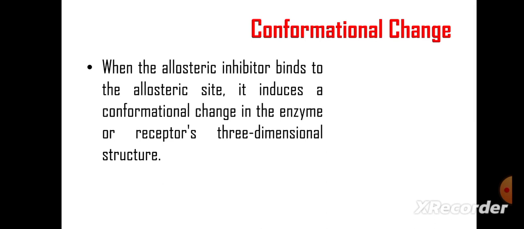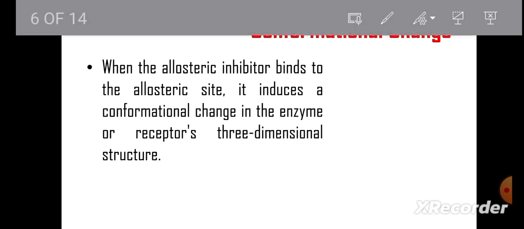In the same way, what would be the outcome if the allosteric molecule or inhibitory molecule binds to the allosteric site? The key answer for this question is conformational change. It causes conformational change in the enzyme.